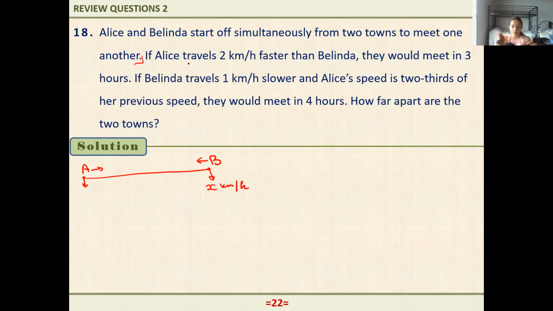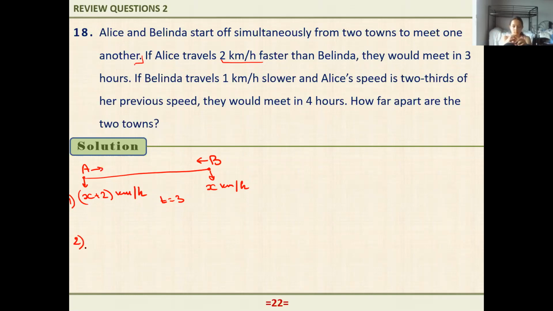Then if Alice travels 2 kilometers faster than Belinda, Alice's speed must be x plus 2 kilometers per hour, right? They would meet in 3 hours. So here t is equal to 3 hours. That is the first condition, right?